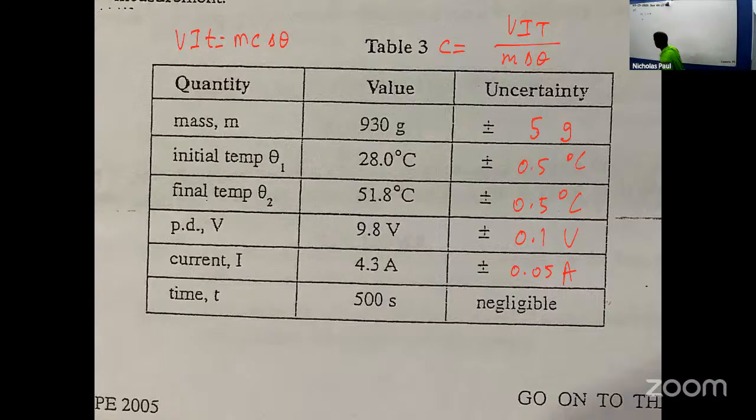I started using those values there. I know that C is equal to VIT over M delta theta. The value for V they gave me is 9.8. The value for I is 4.3. The value for T is 500. The value for M, 930.